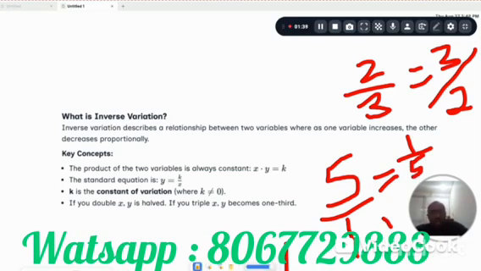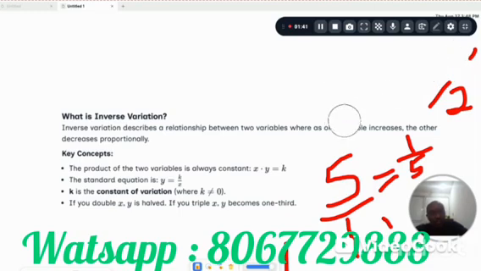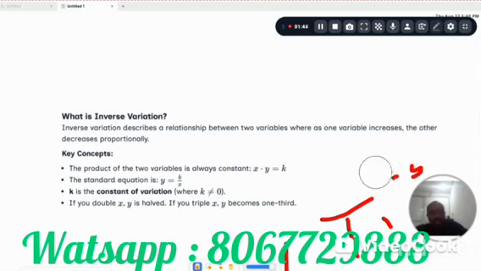So let's move into what we have today. We are looking at inverse variation. To start with, the first thing we have to know is the constant, which is represented by the alphabet K. Then we describe the relationship between the variables and the constant by writing an equation, before we are able to find any unknown variable.